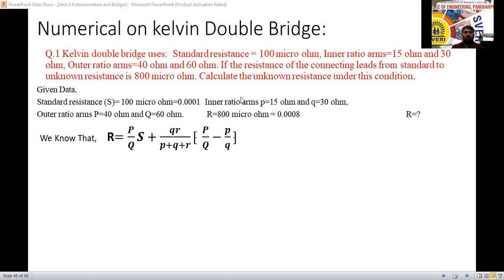Substitute P equal to 40, divided by 60, into S, which is 0.001, plus 30 into 0.008 divided by 15 plus 30 plus 0.008, open bracket, 40 by 60 minus 15 by 30. Substitute and whatever answer you get, tell the answer, any one of you.